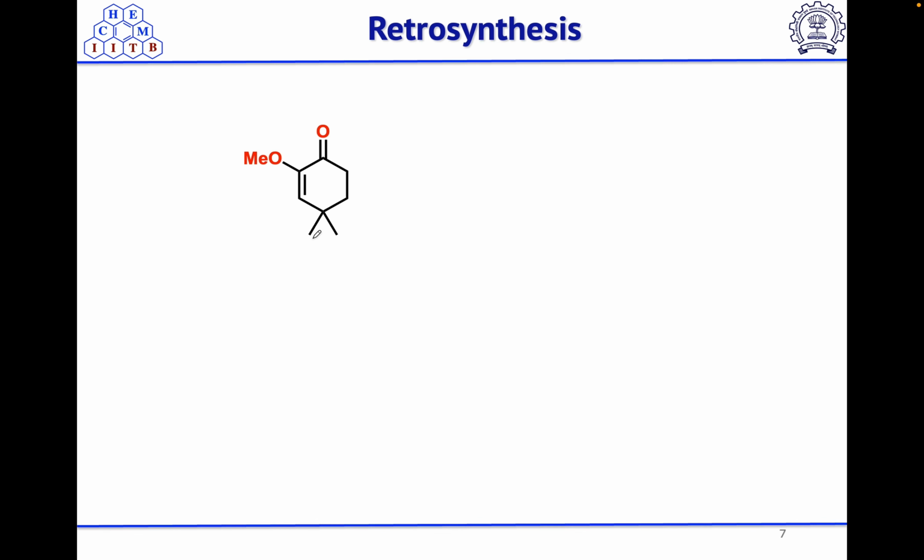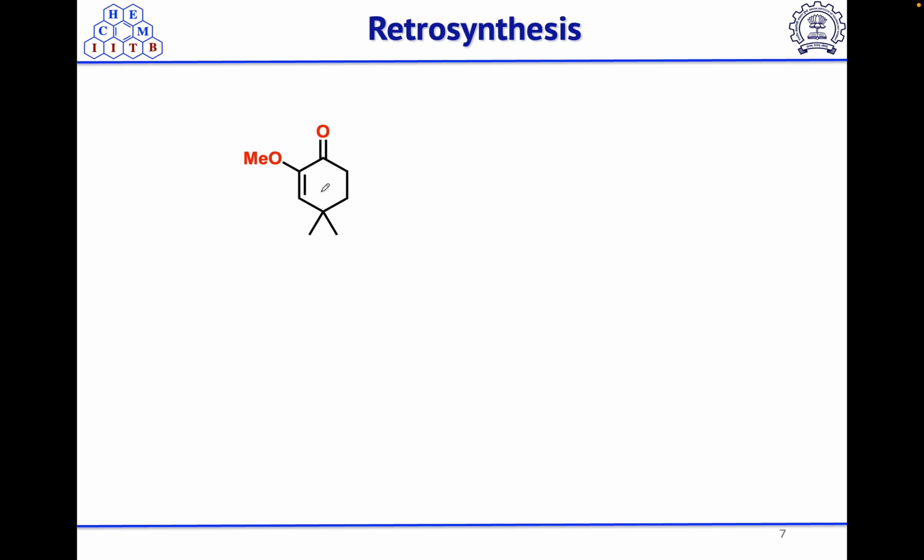So if you see a cyclohexene type of system, first you can think of a Diels-Alder reaction, but you need to think about whether that forward reaction, 4 plus 2, will also happen or not.